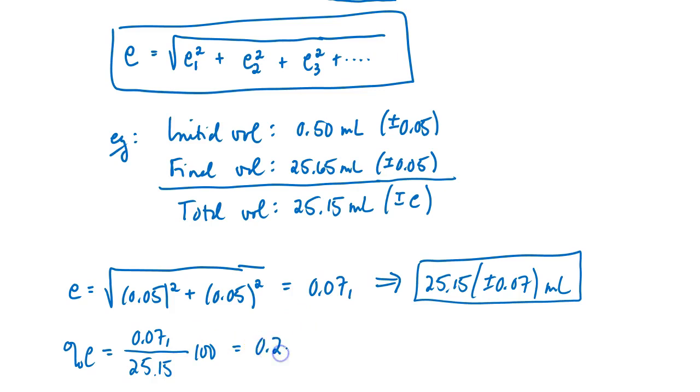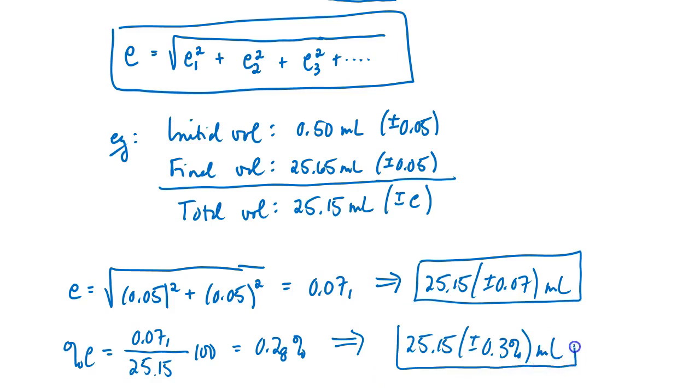I got 0.2 with an insignificant 8%. So we could also express the total volume delivered as 25.15 plus or minus 0.3% milliliters. So that's how we propagate error when we add and subtract.